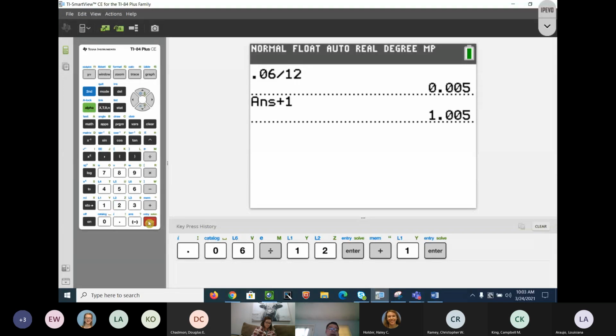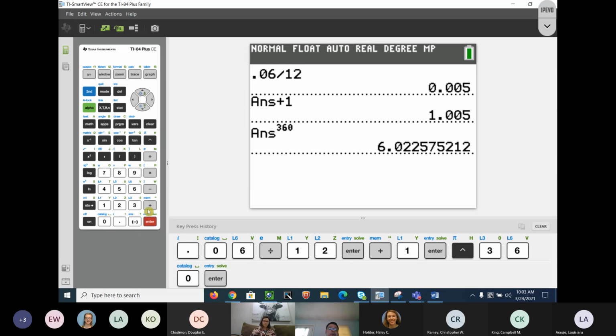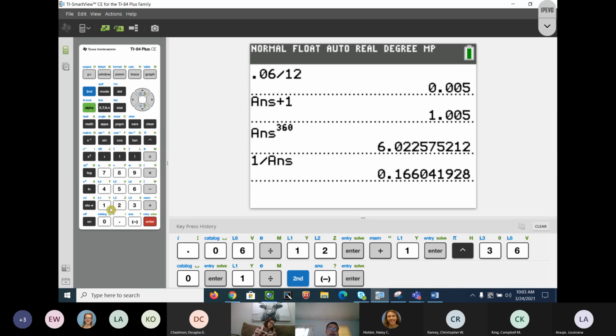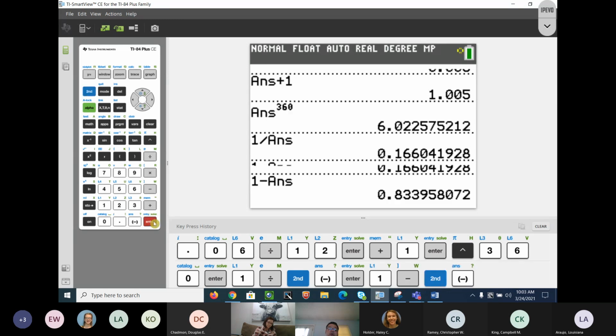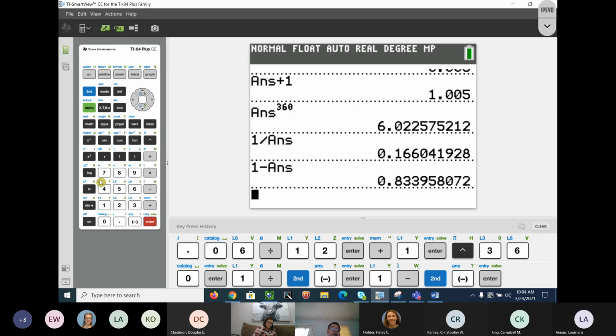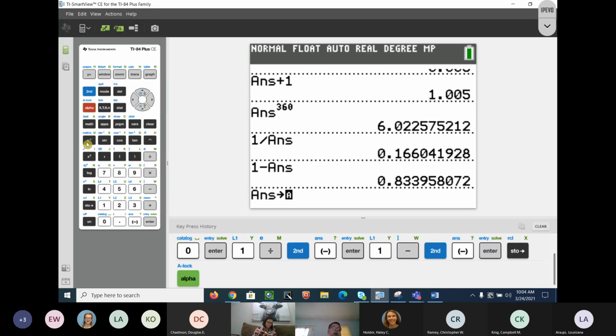And I'm going to raise that to the 360th power. And I'm going to divide by 1. And I'm going to subtract 1. So that is my new denominator. So store alpha denominator.